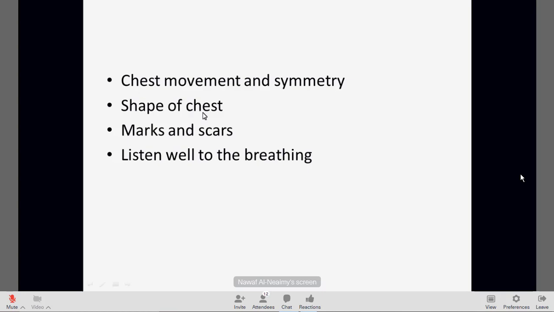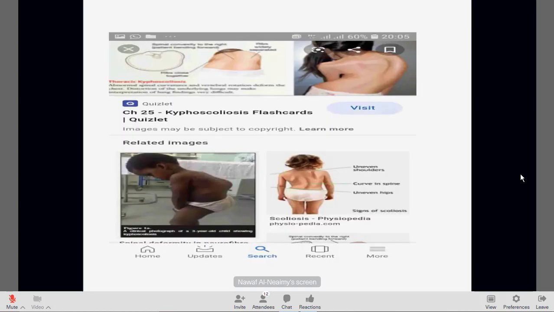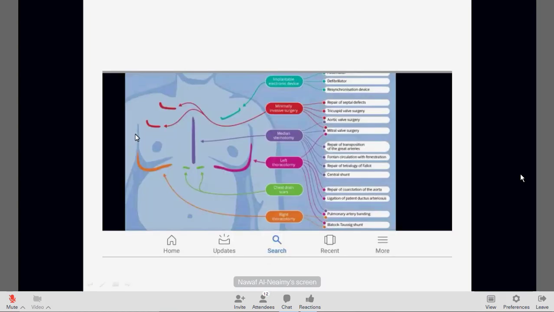Scars also here. There is an important point regarding the scars. So, we are standing on the right side of the patient. I mean, we are on this side. So if I am standing on this side, on the right, how does it look? I can see, of course, the midline sternotomy scar. If I have a right posterior thoracotomy scar.